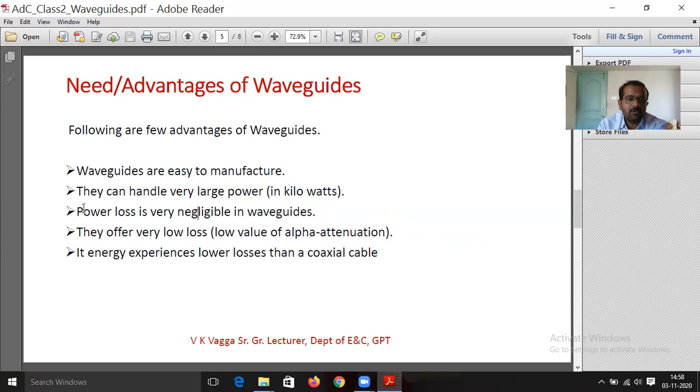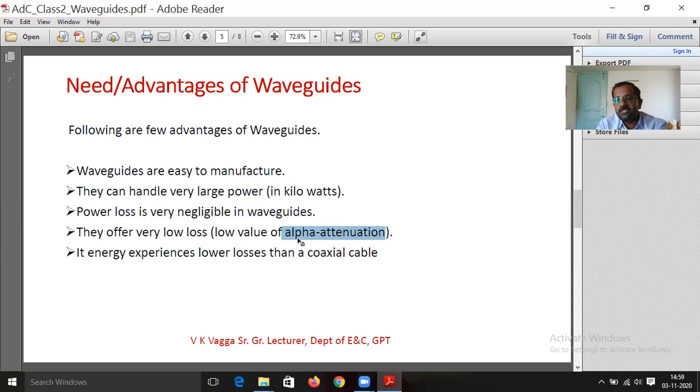And in case of the waveguides, if you take the power loss, it is going to be negligible, or very very less. If you take any coaxial cable or twisted pair cable, some of the power is lost in the form of heat. But in this case, if it is compared to those transmission lines, the power loss is very less. It is of very low power loss because of the alpha attenuation factor.